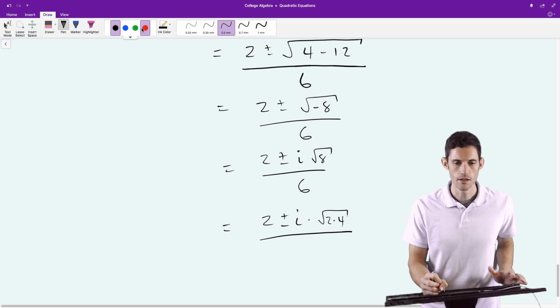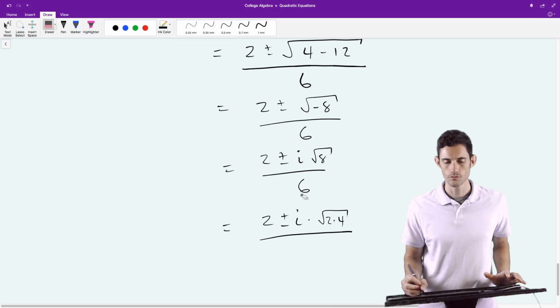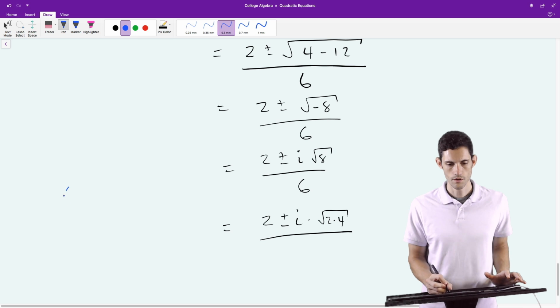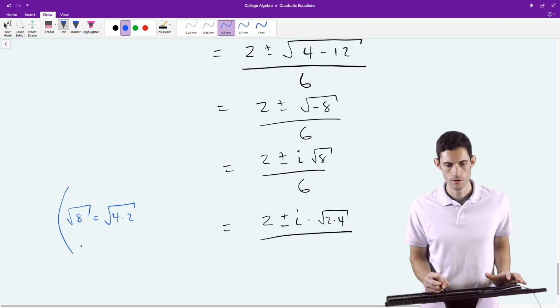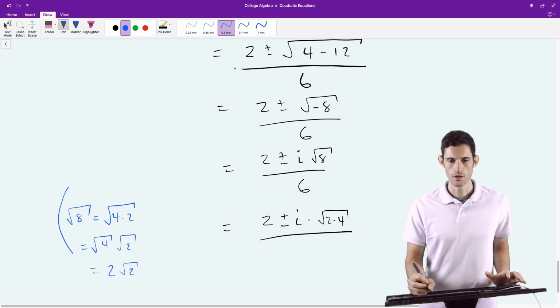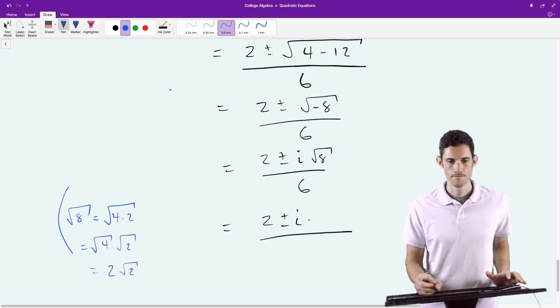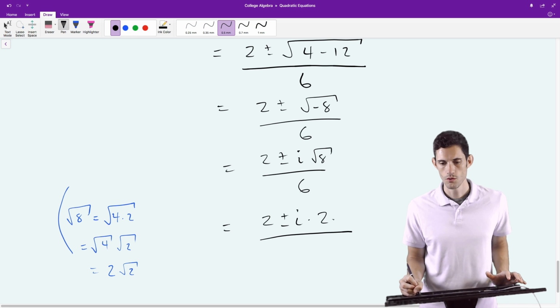Let me do this on the side so it takes up a little less space. I know that the square root of 8 is the square root of 4 times 2, which is the square root of 4 times the square root of 2. And the square root of 4 is 2, so that's 2 times the square root of 2. So this is 2 times the square root of 2 all over 6.